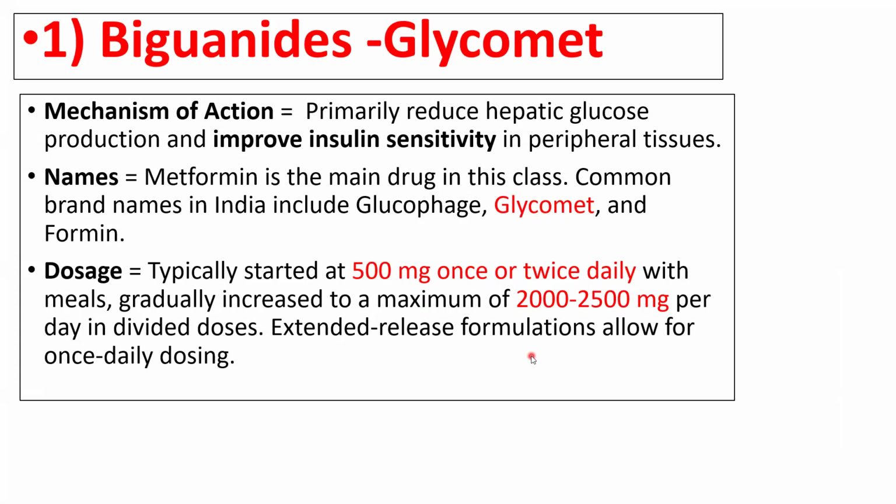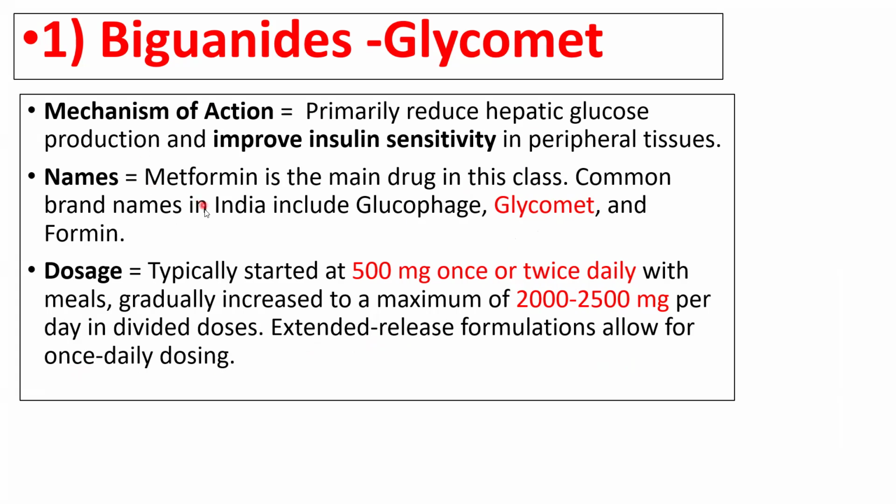Extended release formulations allow for once daily dosing. This is extended. That means Glycomet, for example, there is an SR. SR means sustained release. Some tablets are available as SR, that is extended release formulation. They slowly release the content.